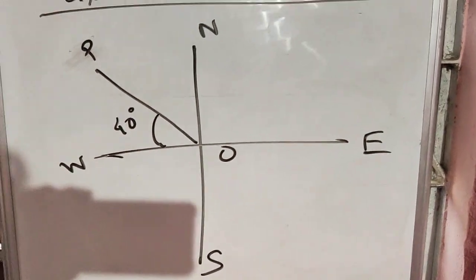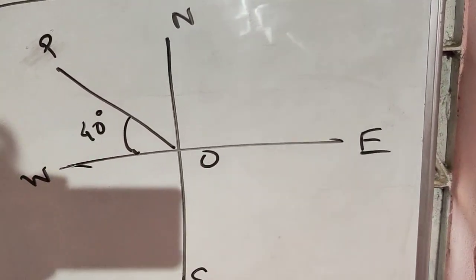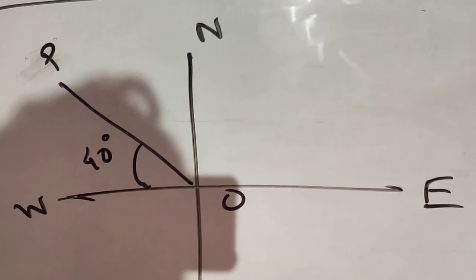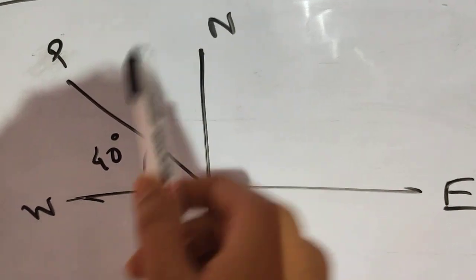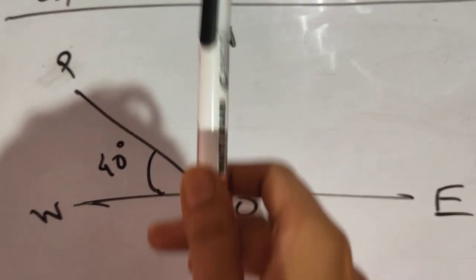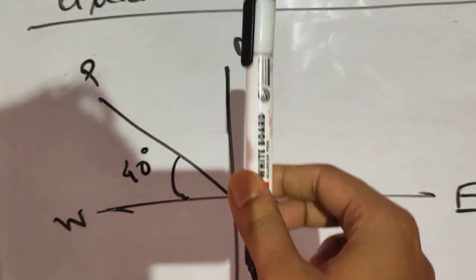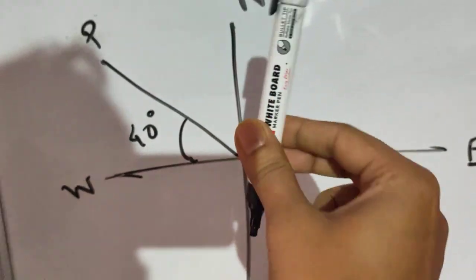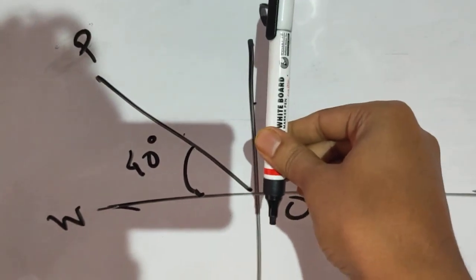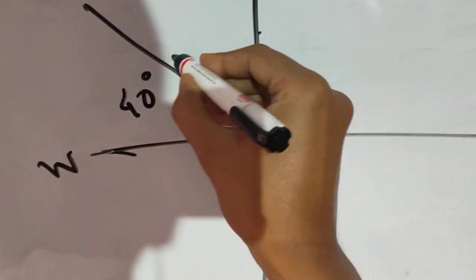So there is another line OP in the fourth quadrant, which is making an angle of 40 degree with the west. So what is the bearing of this line? Again, if the line is in first or fourth quadrant, we are going to measure the bearing of the line with respect to the north direction. So what is the angle between this line OP and north? It is nothing but 50 degree. So we are starting from north, we are moving towards OP.